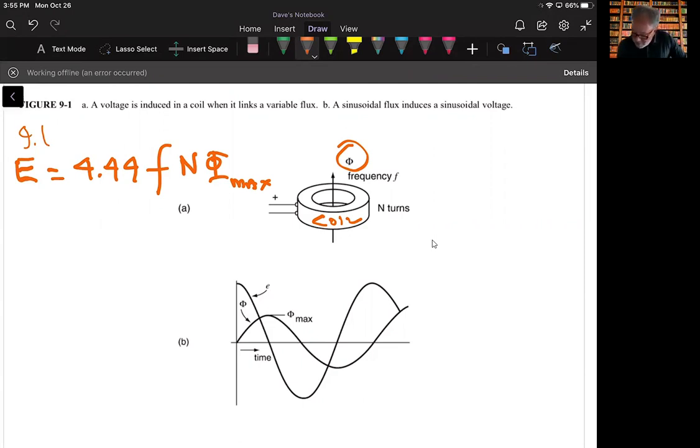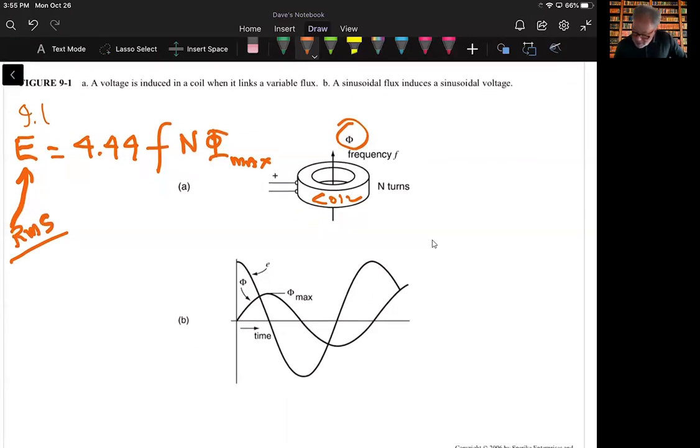One very important thing: this is an effective voltage. Effective, we think RMS. This is the frequency of the flux. This is the number of turns in the coil. This is the peak flux in Webers. And this is a constant, and we like constants that we don't have to derive.